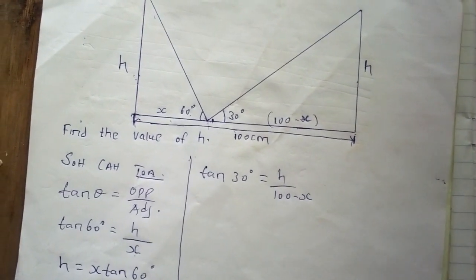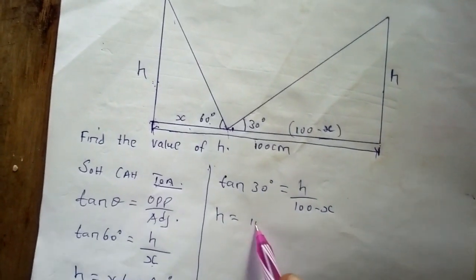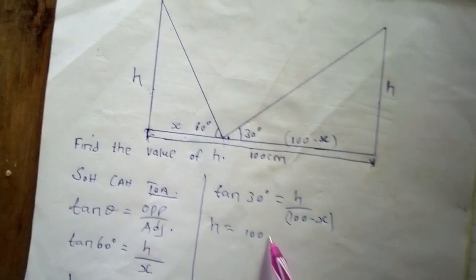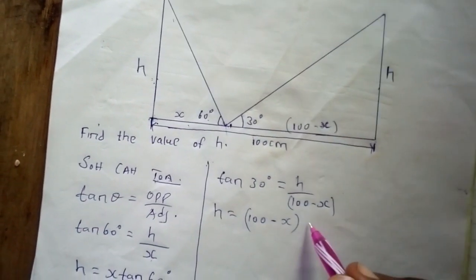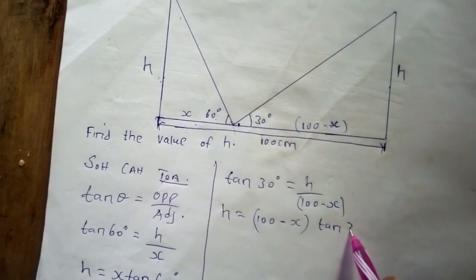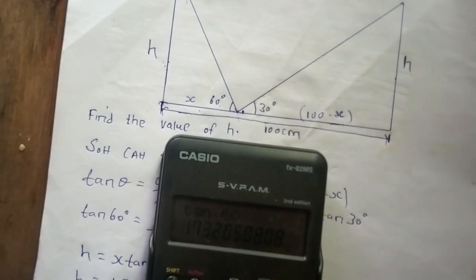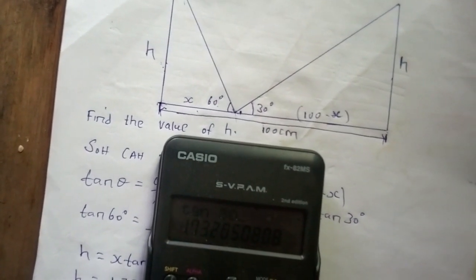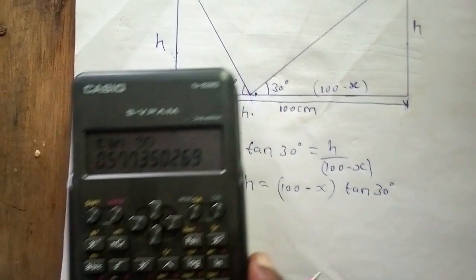I hope we are together. So how do we find h? h is equal to 100 minus x, remember we have brackets here, then times tan 30 degrees. So let's find the value of tan 30 degrees.